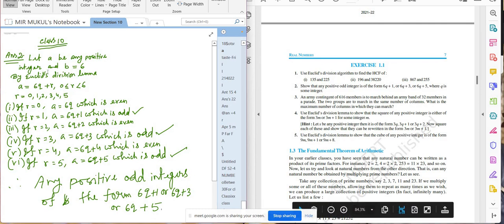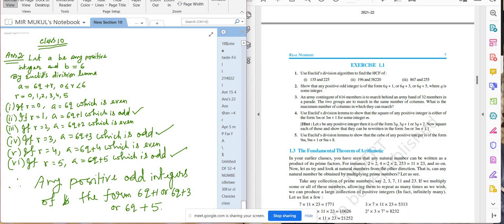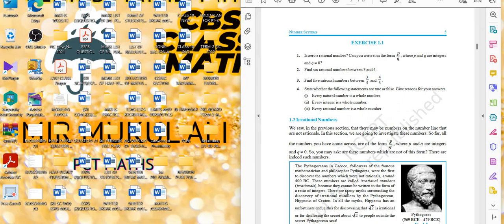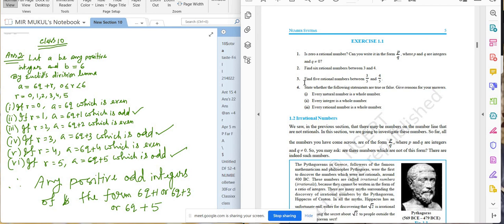Akshara and Akshaya, have you done this question, question number 3? Yes, sir. So here the answer will be different, because we know that between any two rational numbers there exist infinitely many rational numbers. So questions number 3 and 4 I am giving as homework.